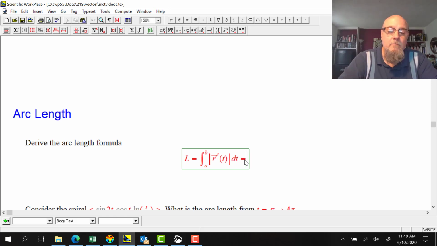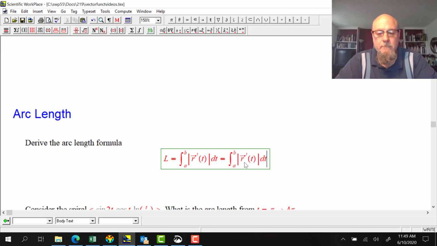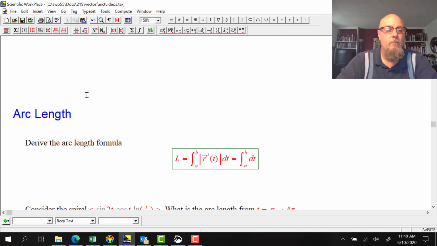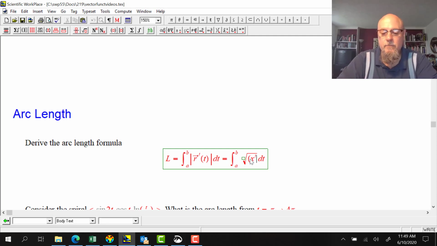But I mean, this is a nice, neat way of writing it, but let's recognize that this magnitude means the big square root sign of the derivative of the first component squared plus the second.